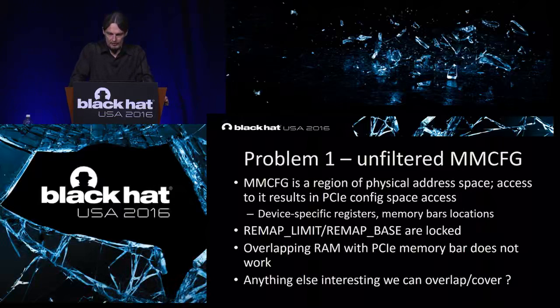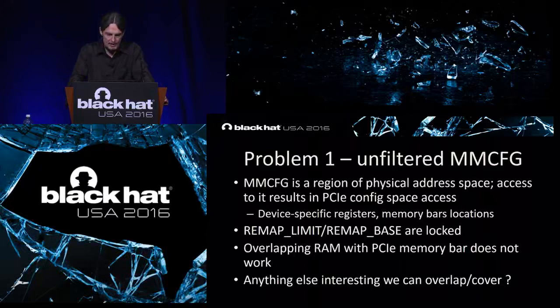What else can be done with this config space access? You can change memory BAR locations, right? So you can configure a PCI device to claim the memory access cycles that are targeted to a particular address.